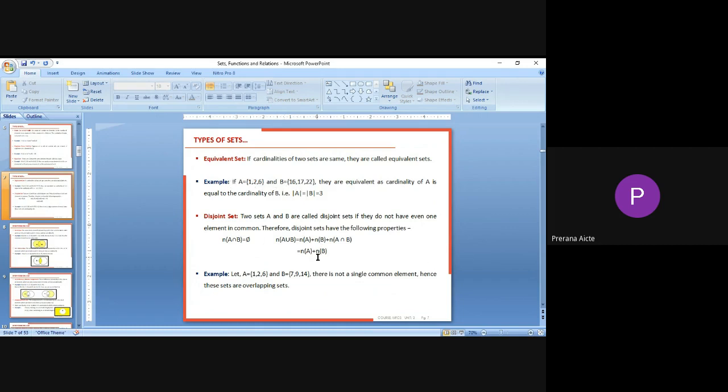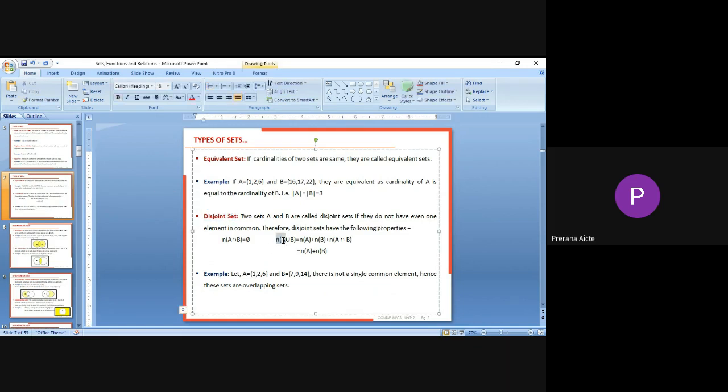Next, disjoint sets. Two sets A and B are called disjoint sets if they don't have even one element in common. Simply, if there is no common element between any two sets, then that is a disjoint set.